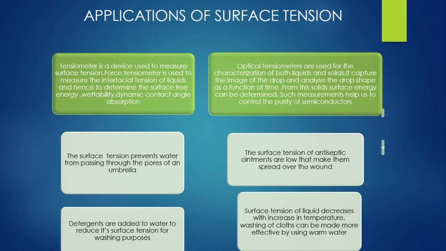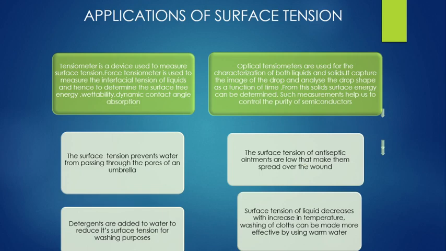So these are the applications of surface tension. You just memorize these applications. The first is the force tensiometer, the second is the optical tensiometer, third, the surface tension prevents water from passing through the pores of an umbrella, and the surface tension of antiseptic ointments is low so that they spread over the wound.